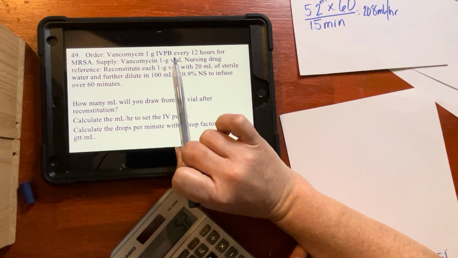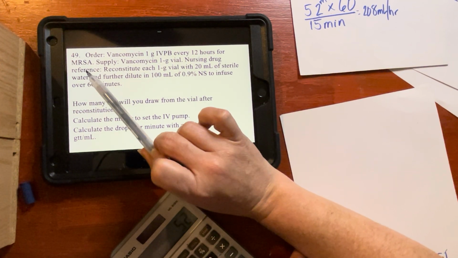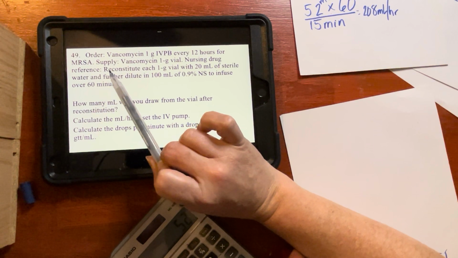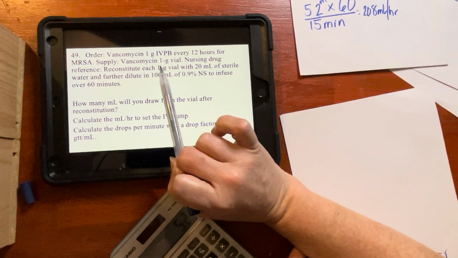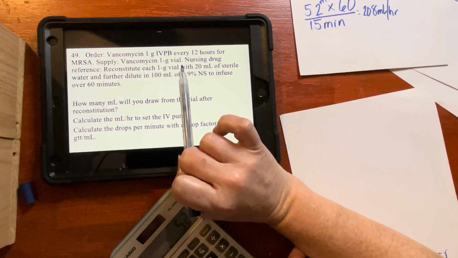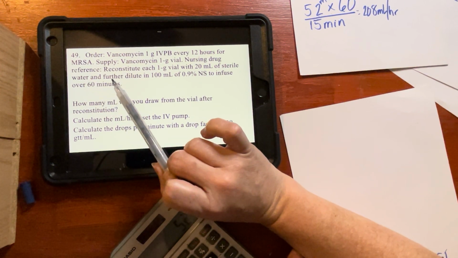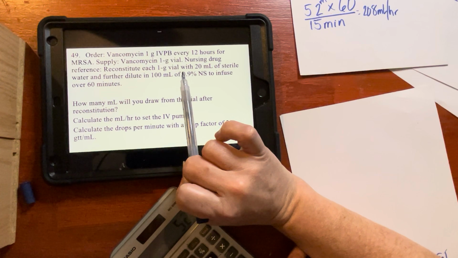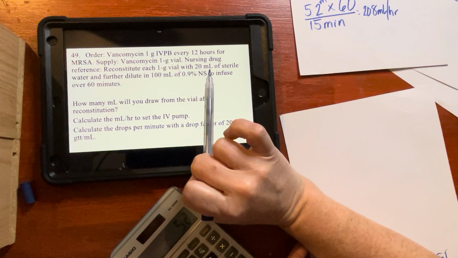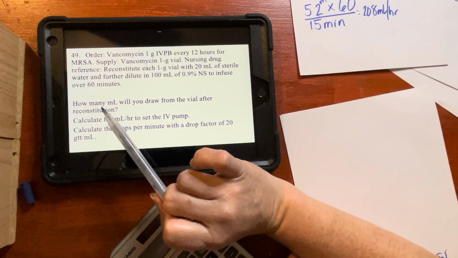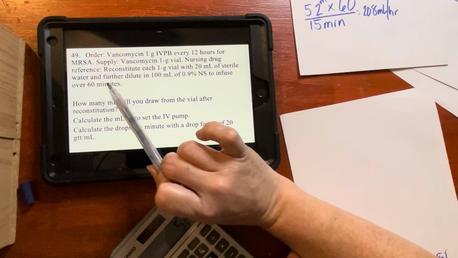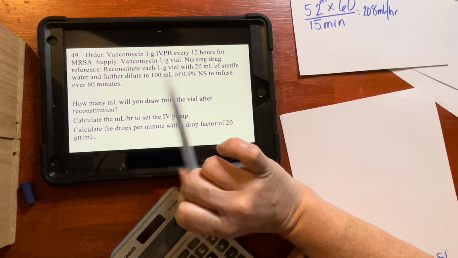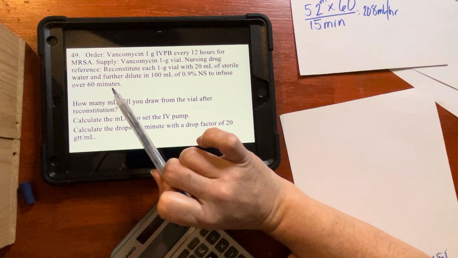Vancomycin, 1 gram, IV piggyback every 12 hours for MRSA. Put your gloves on. The supply is vancomycin, 1 gram vial. And the nursing drug reference says reconstitute each 1 gram vial with 20 milliliters of sterile water and further dilute in 100 milliliters of normal saline to infuse it over 60 minutes.